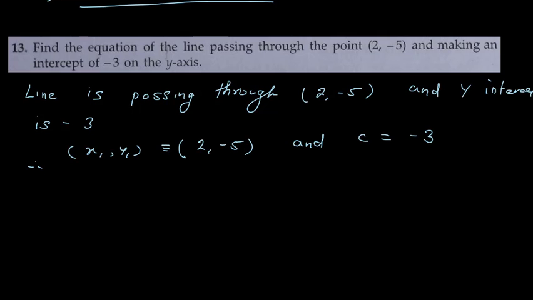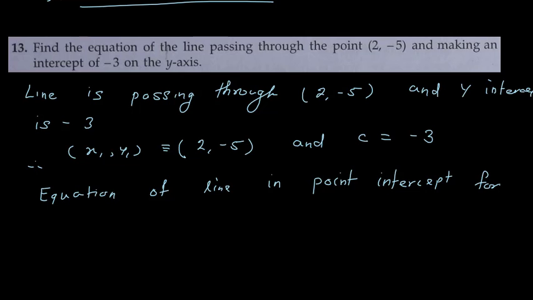We know equation of line in point intercept form. Equation of line in point intercept form is y minus y1 is equals to m into x minus x1.